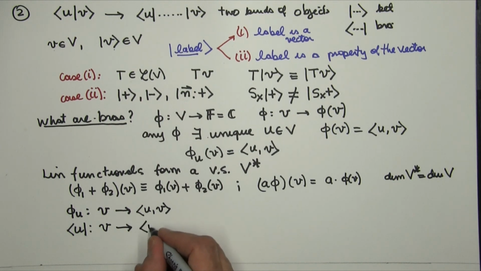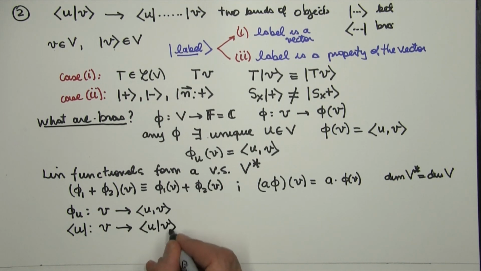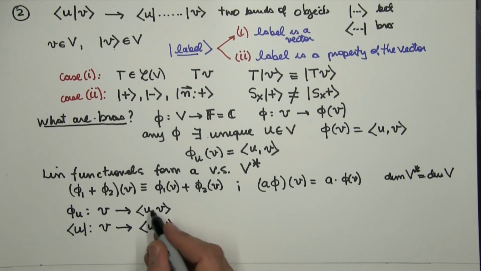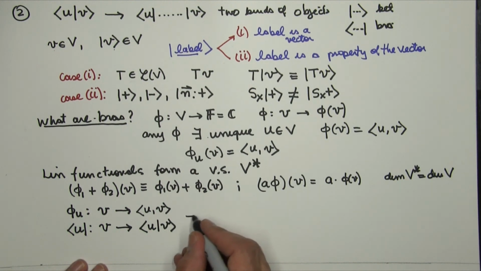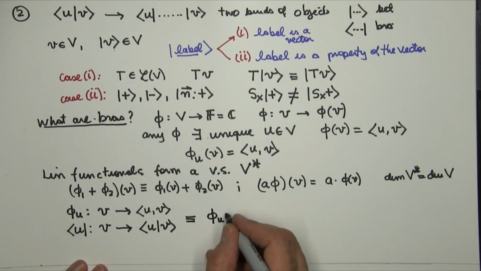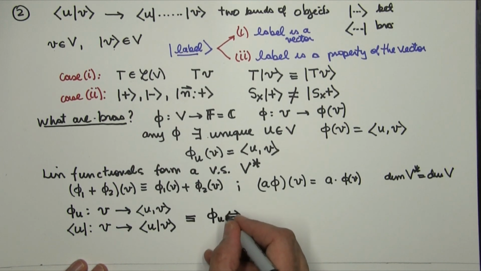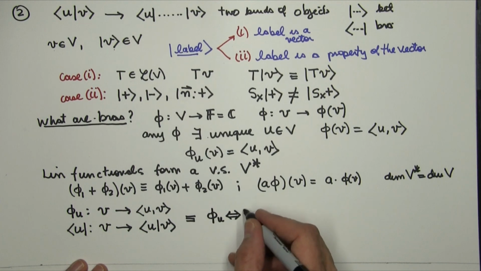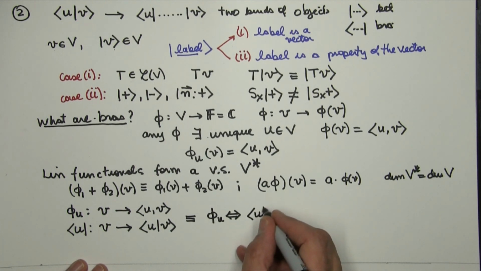It just does this, and it gives you a number. And this number is the same as this number because this is just a matter of notation. So what you learn from here is that we can simply identify or set these two things equal. Phi u is the same thing as the bra u.